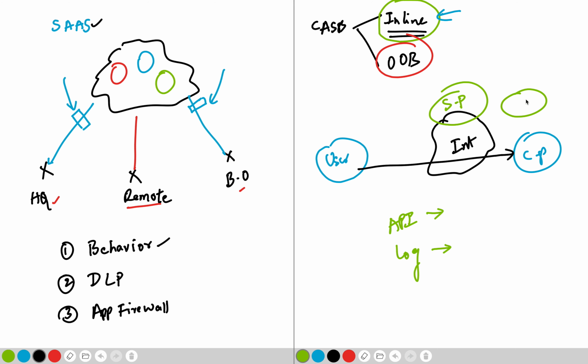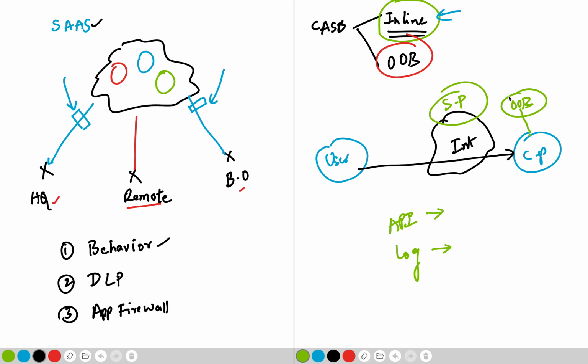What I mean by API is, think of it this way: you're the user and you're trying to access, say, the Office 365 application. Imagine with the API, this is how it works. The Office 365 application will quickly send out an API request to your out of band CASB, and it will say, look, I'm getting a request from a particular user.